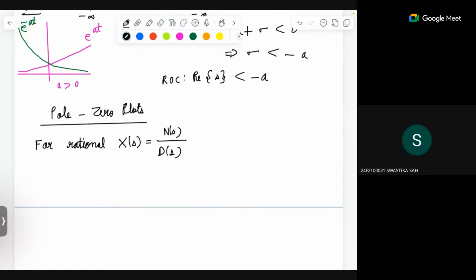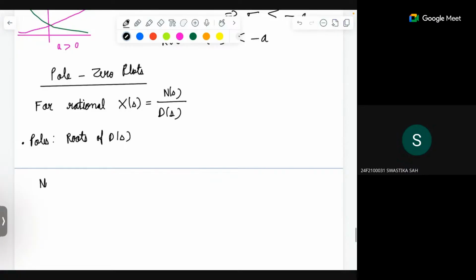Now, what are poles? So, poles are the roots of the denominator polynomial. Number of poles, that is the number of roots of denominator polynomial, will be equal to the degree of the polynomial, right? Yes.